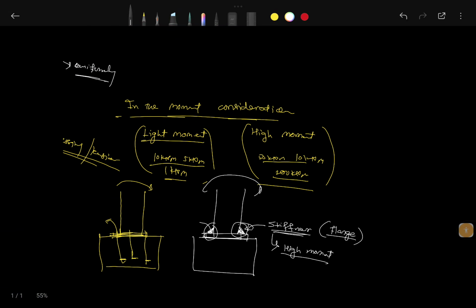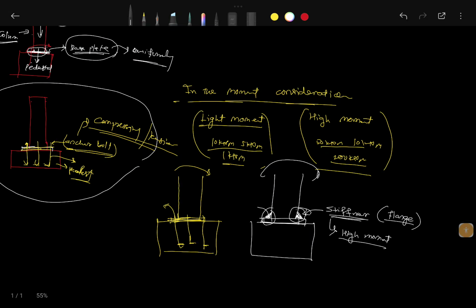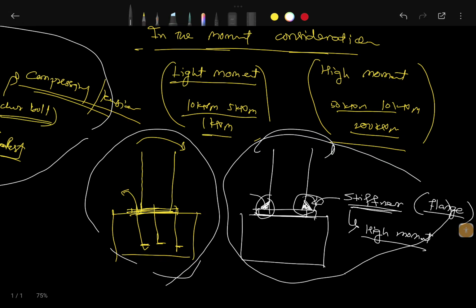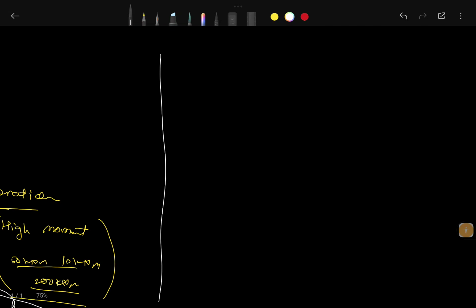Okay, so basically we have seen these three types: no moment with only shear force, light moment with shear force, and heavy moment with shear force. These three conditions actually make a big difference in base plate design.